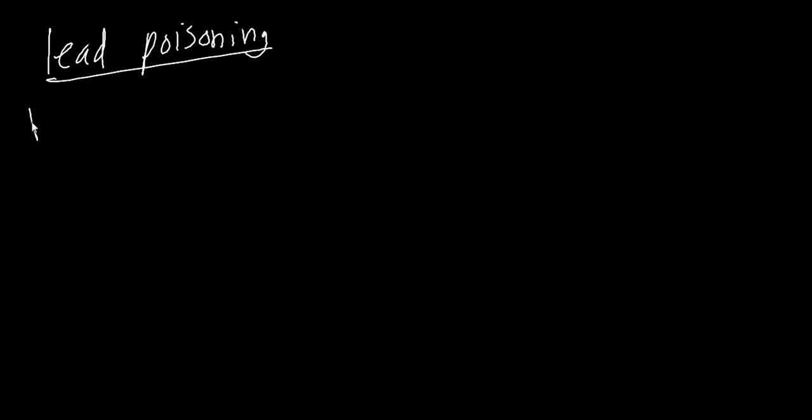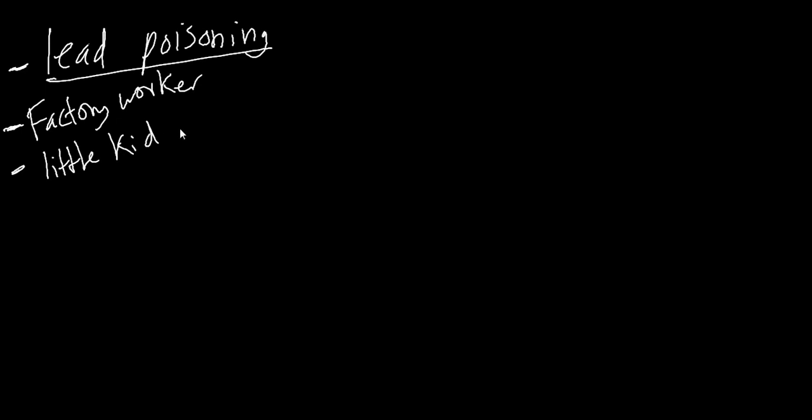Well, it's either going to be somebody with a factory worker. They're either going to tell you they're suspected of lead poisoning. They're either going to be a factory worker, or they're going to be a little kid who eats paint. Remember, old houses have lead paint, and if there's little lead paint chips, kids love to put stuff in their mouth.